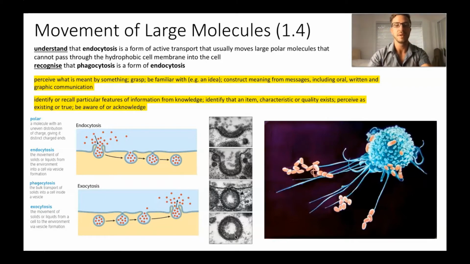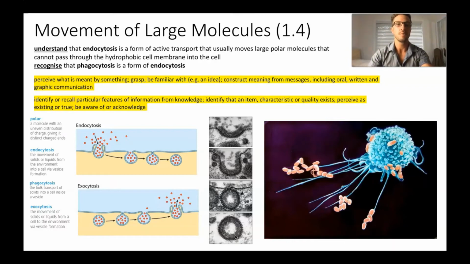And this is the movement of large materials whereby the membrane folds and creates these little compartments called vesicles that either transport material from the outside in or from the inside out. And this allows material that is either polar, meaning it's got a charge, or is too large, or is hydrophobic, to be able to pass through the membrane, whether that's inside or going outside.